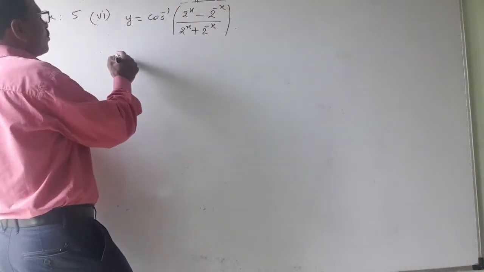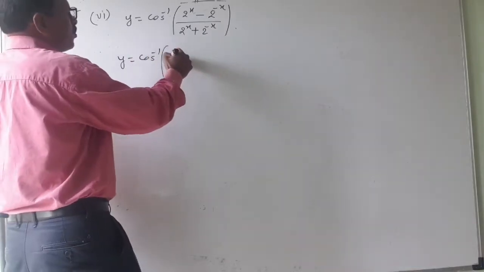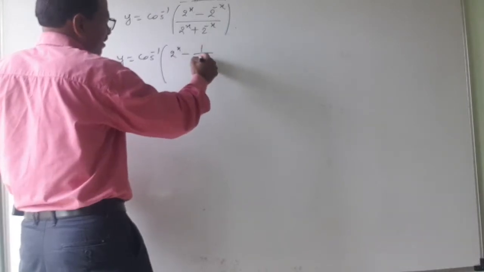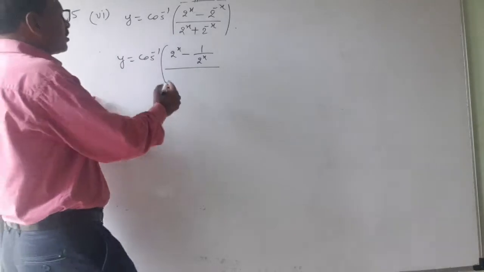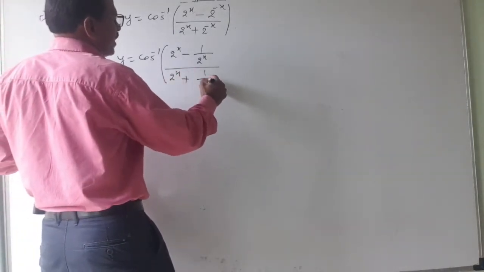What I know: y is equal to cos inverse of 2 raised to x minus, the negative power can be made positive like this, and this also 2 raised to x plus 1 upon 2 raised to x.